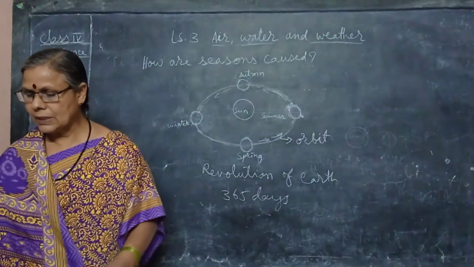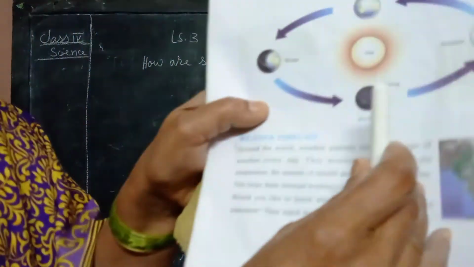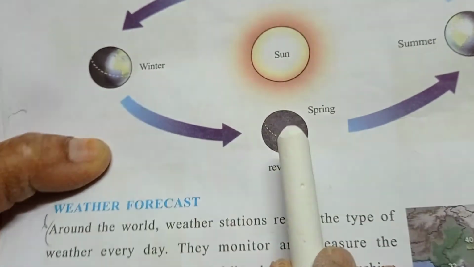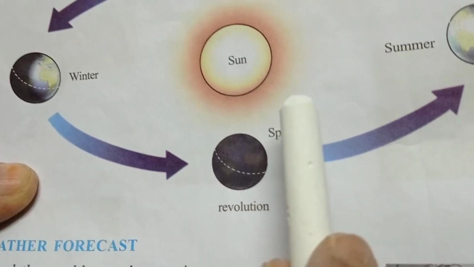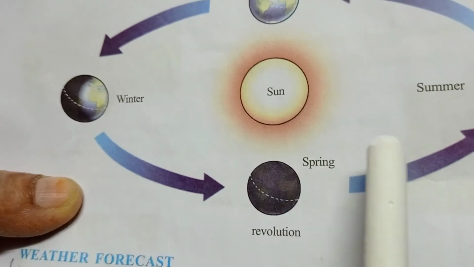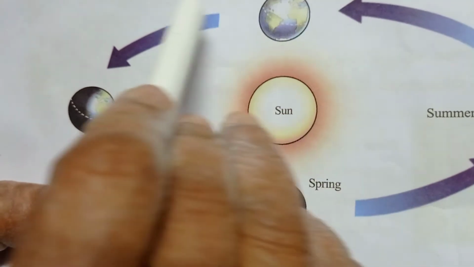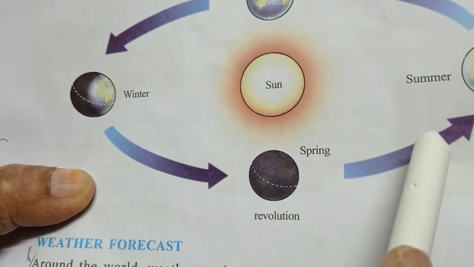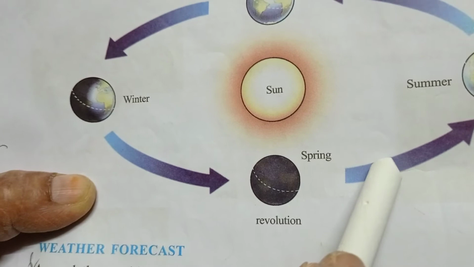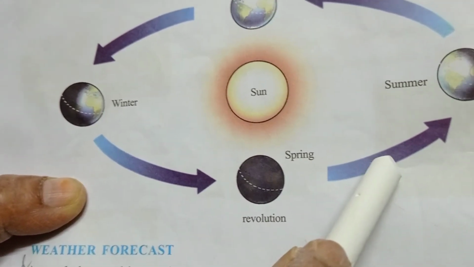So here you can see the revolution of the earth. The movement of the earth around the sun is called the revolution, and the earth is moving on a fixed path.